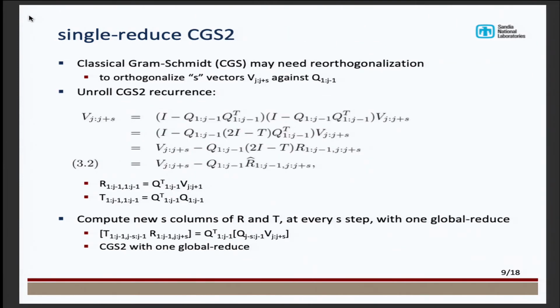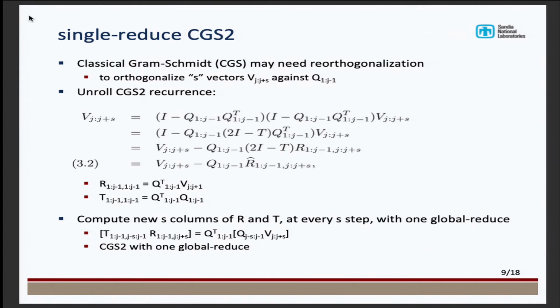But fortunately, we can actually unroll this CGS2, or doing CGS twice, recurrence. So here we have this standard recurrence to apply CGS twice to this set of new vectors.